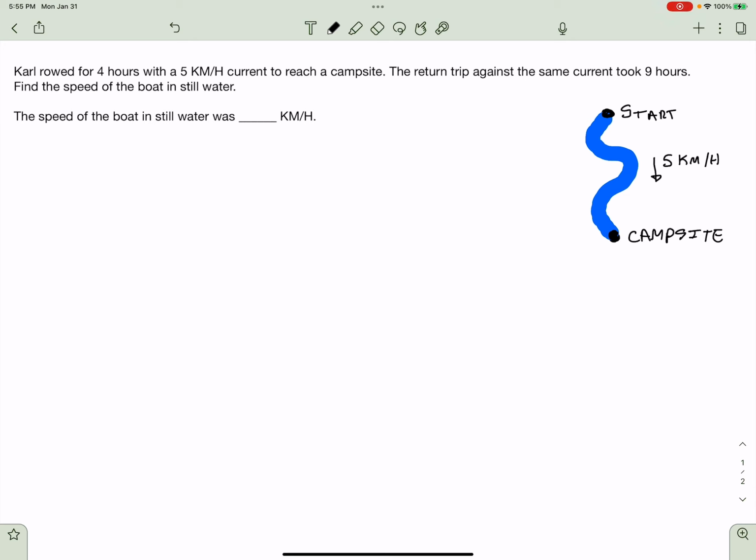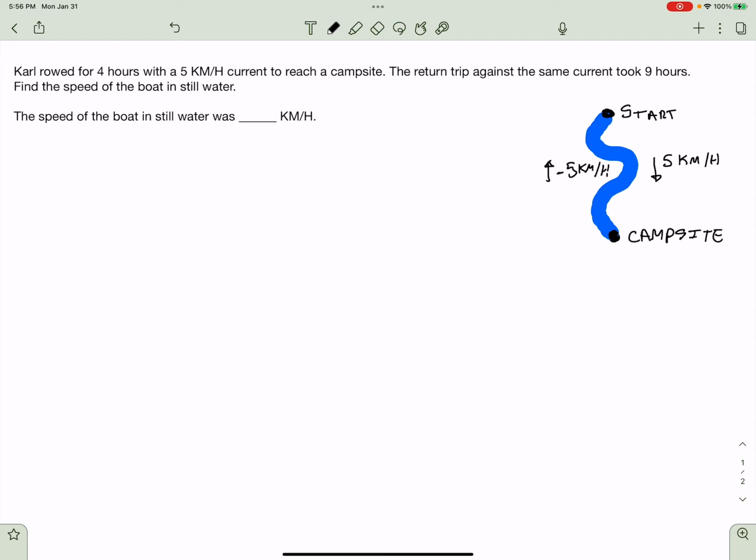The other thing I know is that when I'm going back up in the other direction, this is a negative value. It's going to be negative 5 kilometers per hour because you're having resistance against the flow of the river.